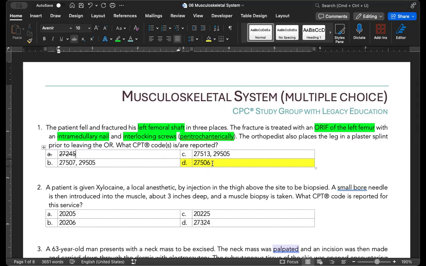So, Mayra, if you have the 2024 manual, it's on page 200, and your guidelines are directly underneath the application of cast and strapping headline. Okay. Any questions?